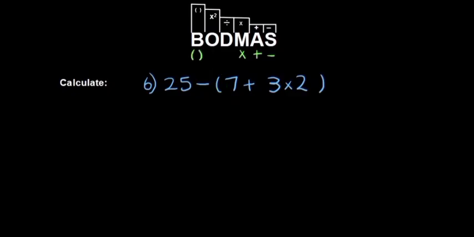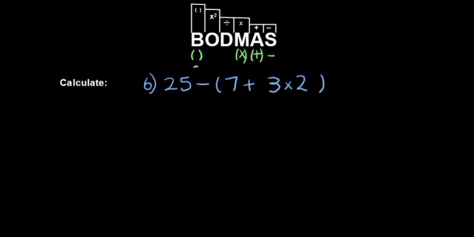And inside the bracket, we have addition and multiplication. So because brackets are the highest level operation, any calculation inside the bracket must be done first. So that means we're gonna do multiplication and addition because they're inside the bracket.